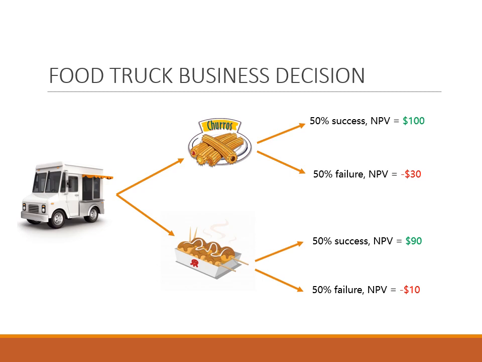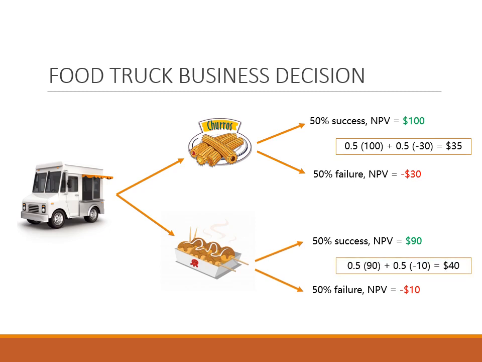So for churros, it will be 0.5 times 100 of the earnings plus 0.5 times the cost, which is negative 30, equals 35. You do the same for the takoyaki business. 50% chance times 90 plus 50% chance times negative 10 equals $40.